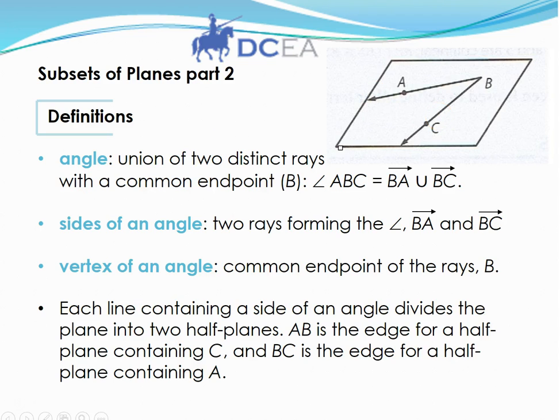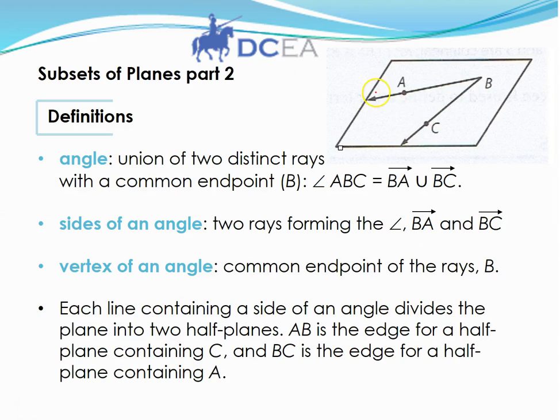Let's go on with the subsets of planes. The union of two distinct rays with a common endpoint. In this case, we've got ray BA and ray BC with a common endpoint, point B. When those two rays are in union, they create an angle.